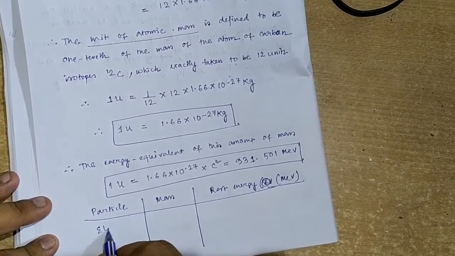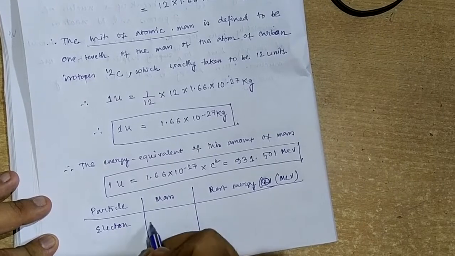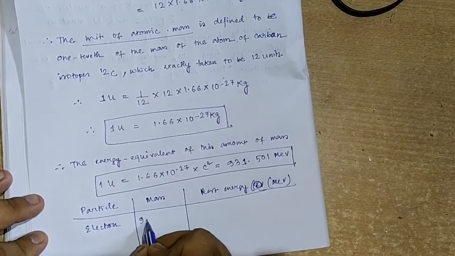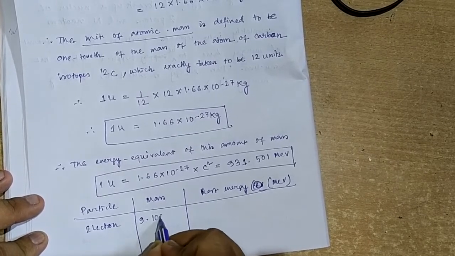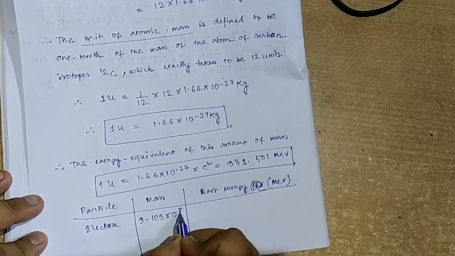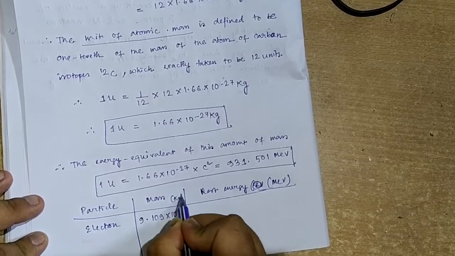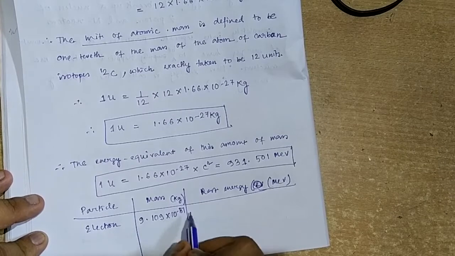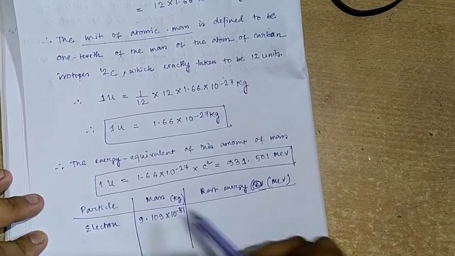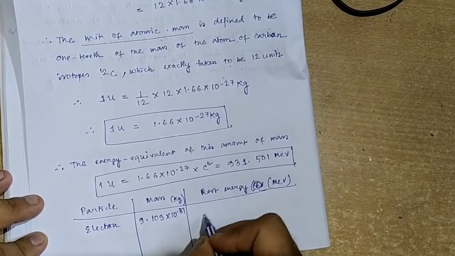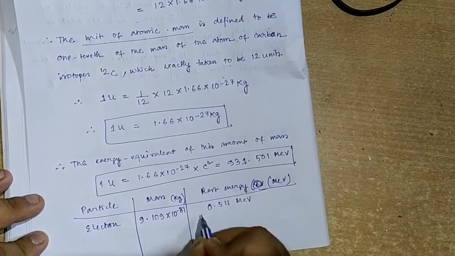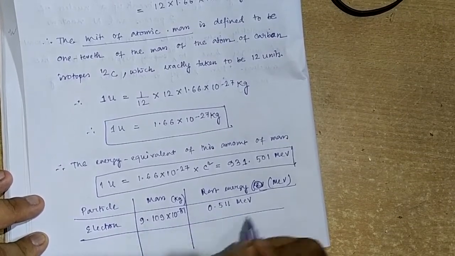For the electron, we know the mass is 9.019 into 10 to the power minus 31 kg. If we convert this into rest mass energy, it becomes 0.51 MeV, and it's very important, you have to remember this.